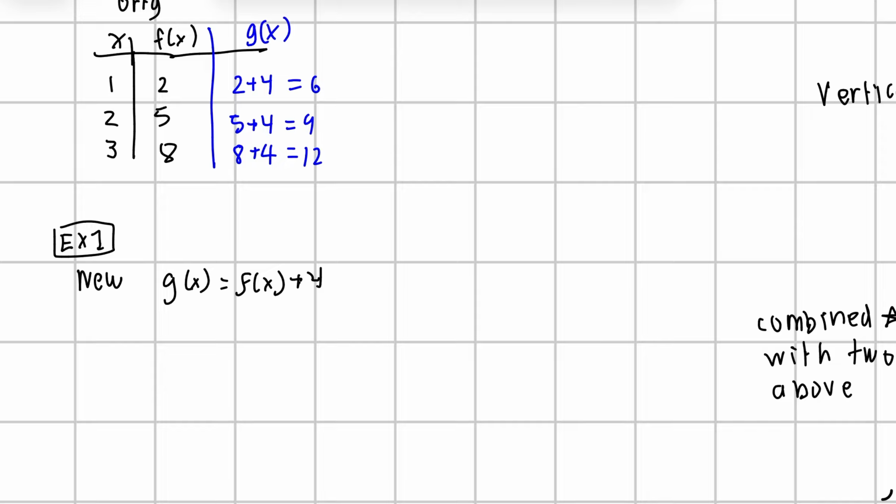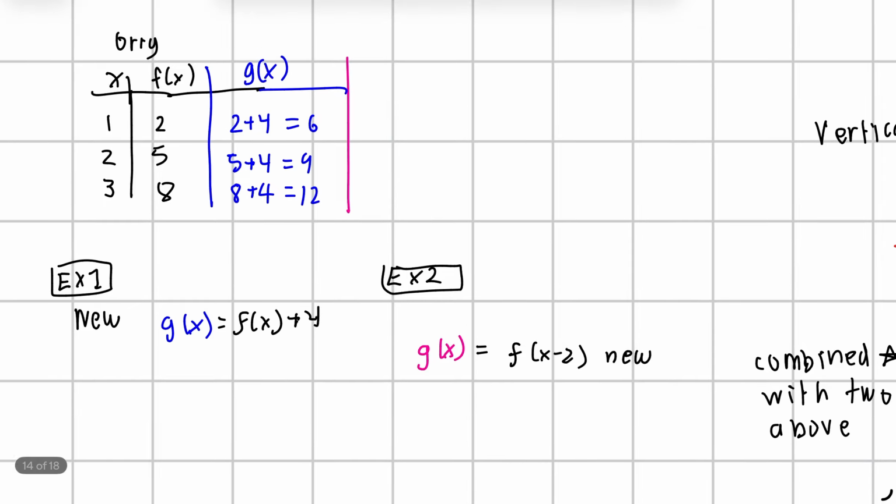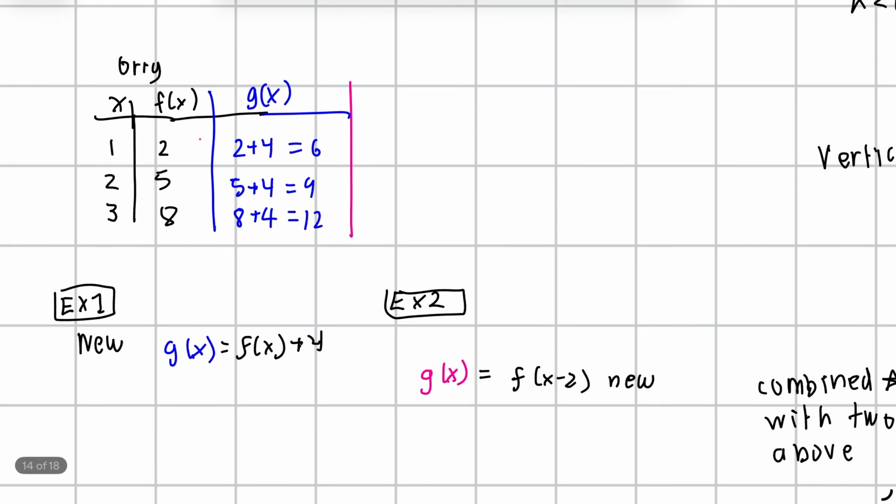So let's say we have a second example where f(x minus 2) is equal to g(x), and this is our new value. This would make our old point (1, 2), right?